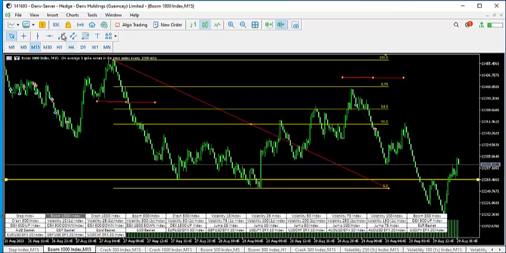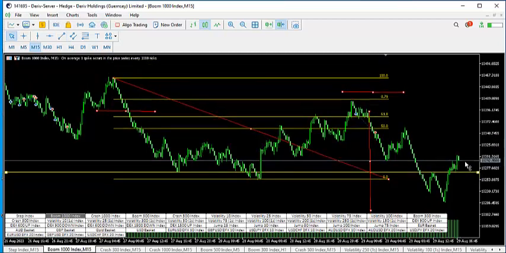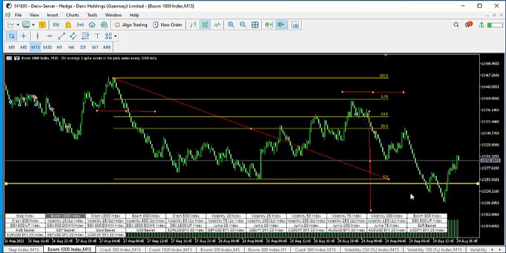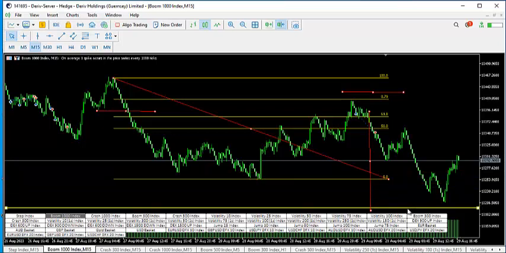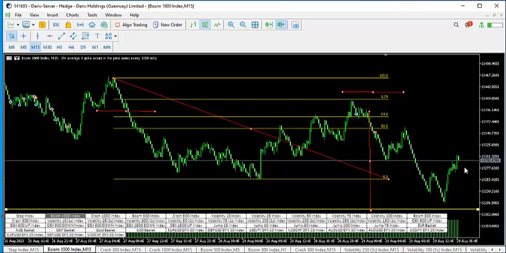Our take profit will be the size of this Fibonacci, and let's say we got a signal around this candle. Our take profit will be around here, which means Boom 1000 is still selling. We are still going to be holding Boom 1000 to sell down to this point. That is how this works.